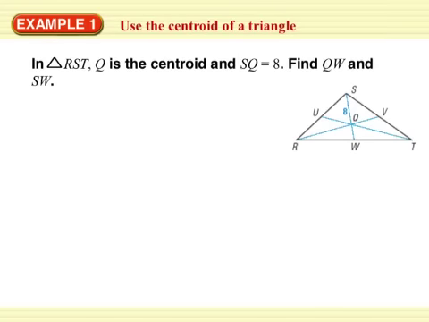All right, in triangle RST, Q is the centroid, and SQ equals 8. Find QW and SW. We know that SQ is 2/3 of SW. We know that SQ is 8.